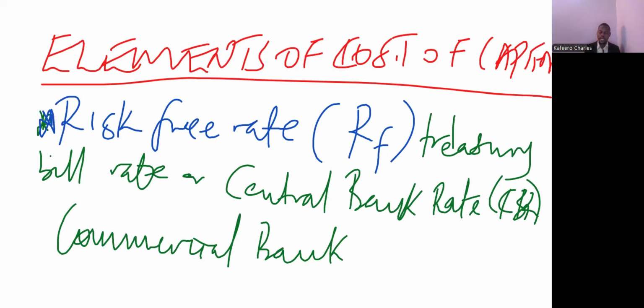In other words, it's the rate an investor would get without any issue to do with risks. That's the rate an investor is willing to get without any risk. So it's like the nominal rate you are supposed to get without any risk.